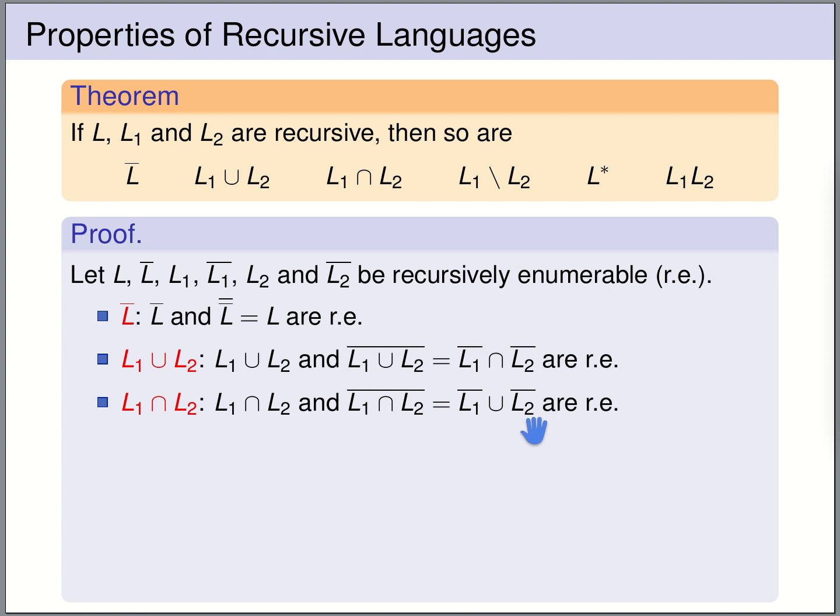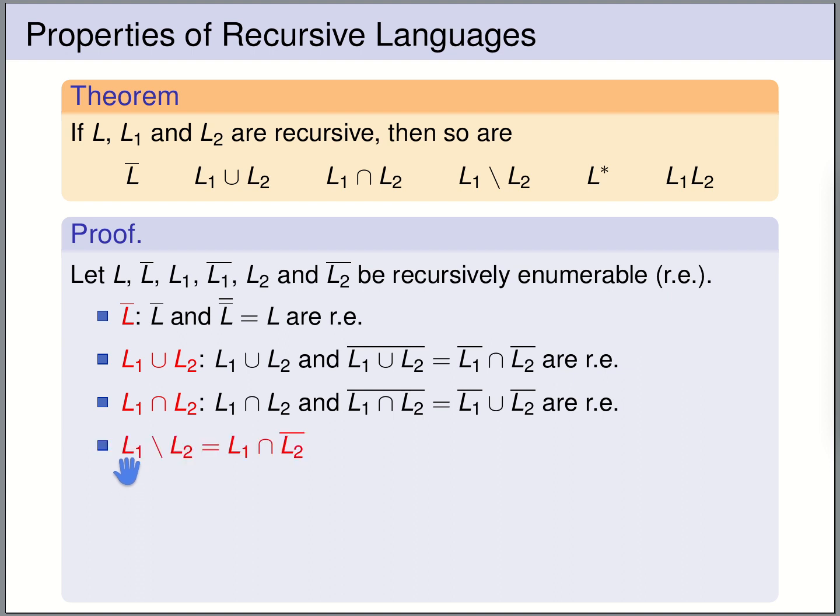These are recursively enumerable by assumption, and we know that the union preserves recursively enumerable languages. So the complement of the intersection is again recursively enumerable. Hence, the intersection of L1 and L2 is recursive.